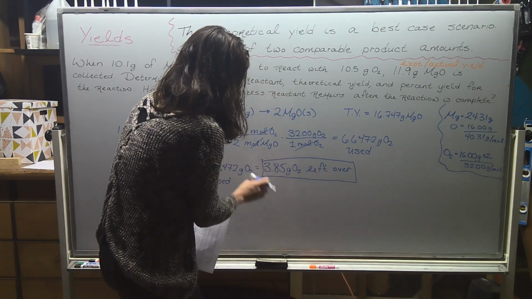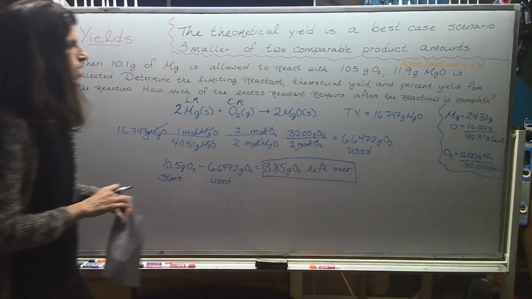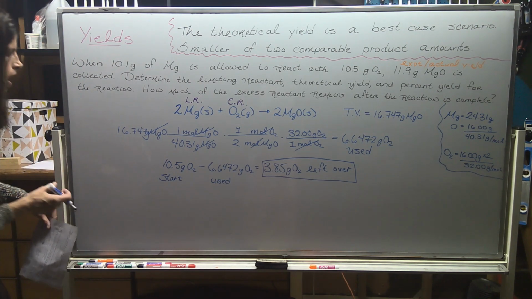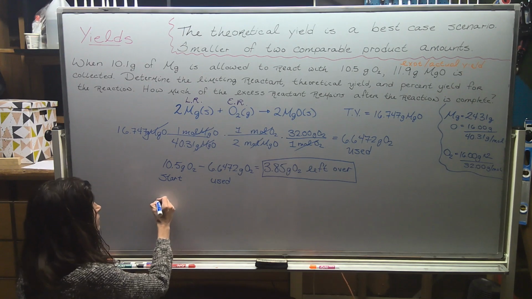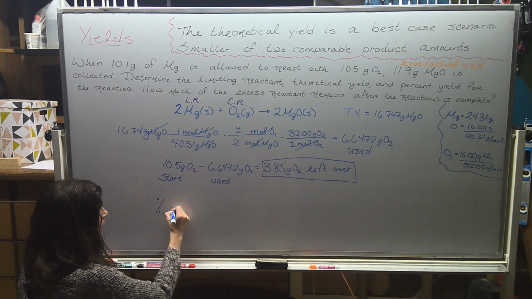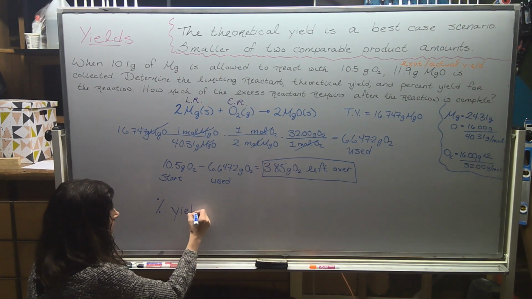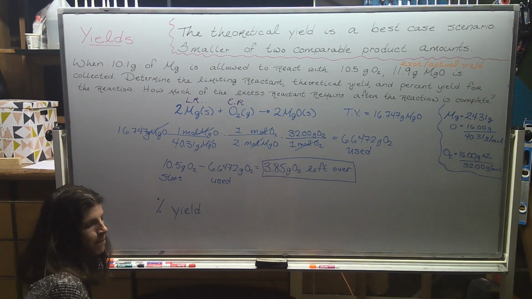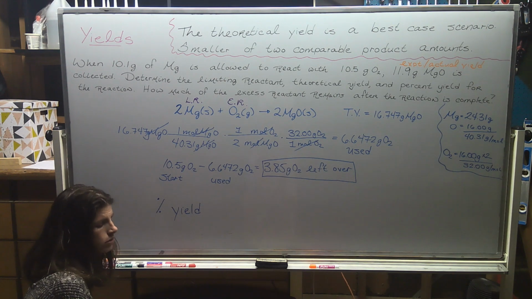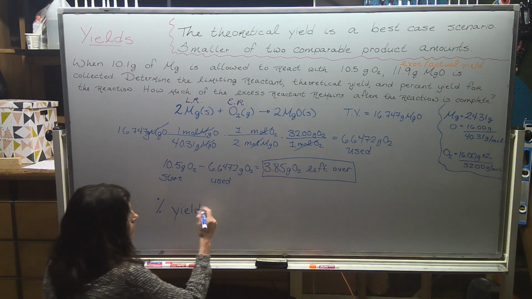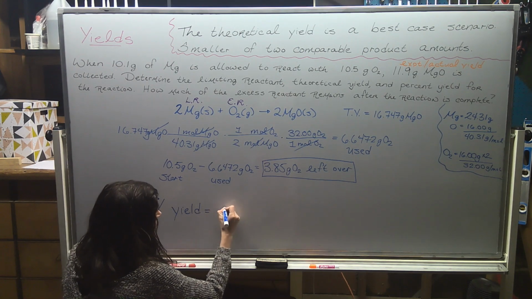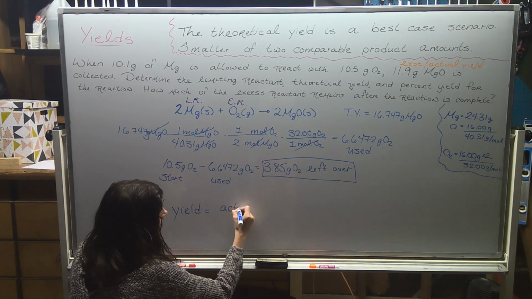So the next thing we need to calculate is what is our percent yield. And the formula for that is very similar to any kind of percent formula, whether it be a test or percent by mass composition. We did that earlier in the course. It's the part, and in this case, the part is what actually happened in the lab.